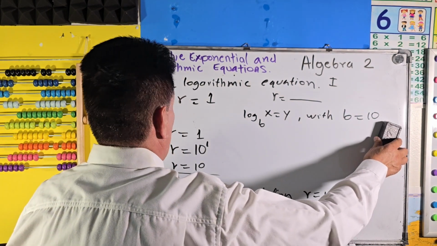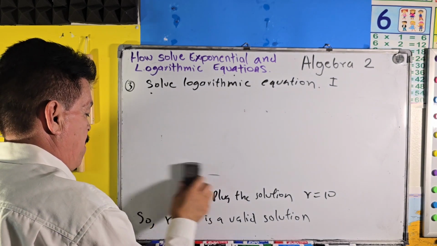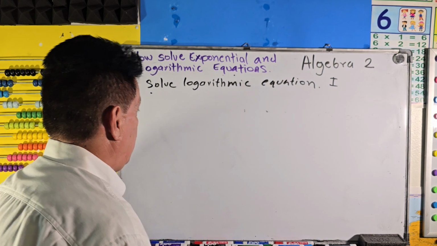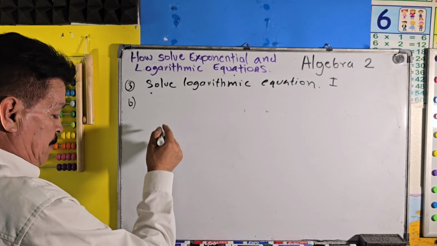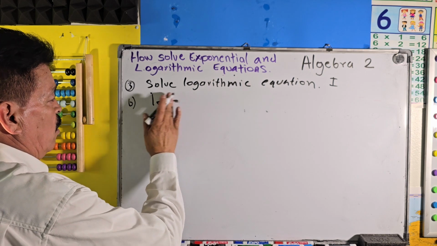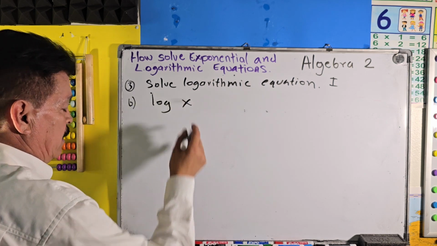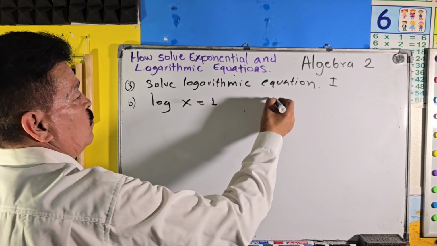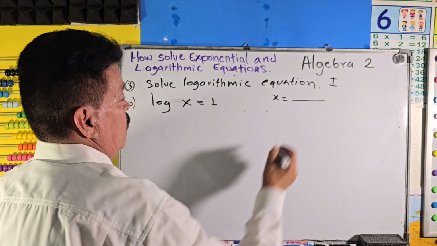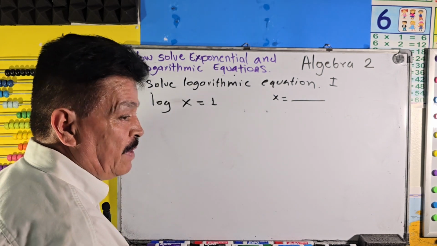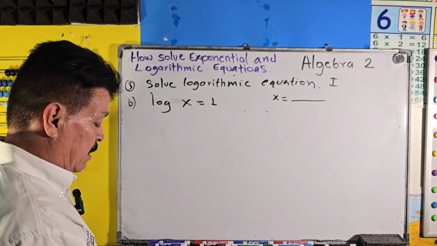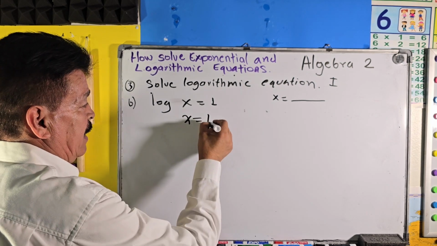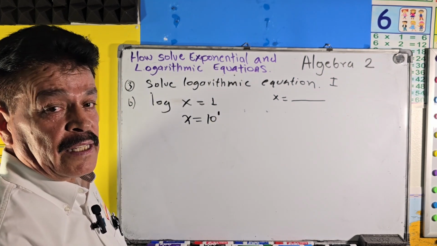Let me show you another problem in this section. Let's write log of x equals 1. We have to find how much x is. Same thing as the first problem, I will not write the whole process here. Just write x equals 10 to the first power, because this is the base.